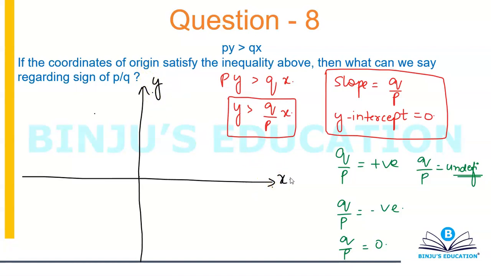Alright, now if the y-intercept is 0, and the slope is positive, my line would be something like this.